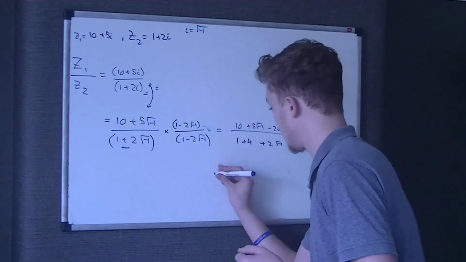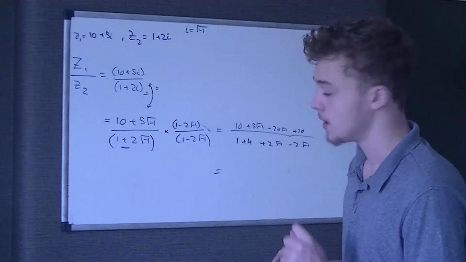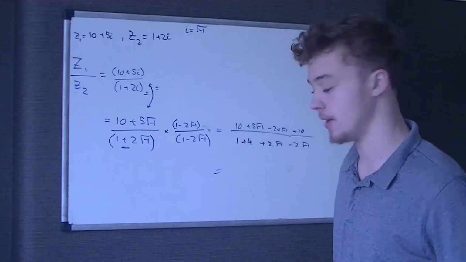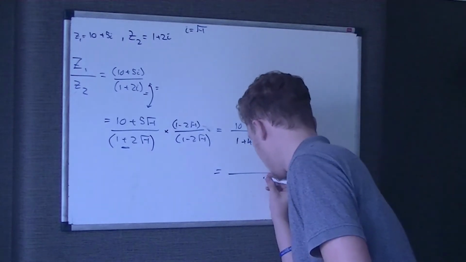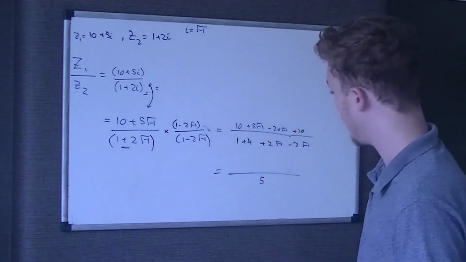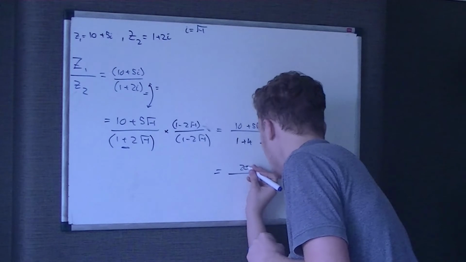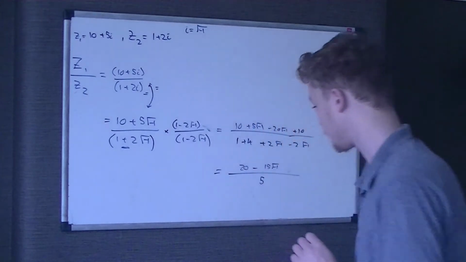So this is going to cancel out the root minus 1s on the bottom. Now that's key when you remember root minus 1 is i, so there's going to be no i's left on the bottom. But as I said, I'm going to keep doing it in this form, so this is just going to leave us with 5 on the bottom. Okay, so then we add the top, so there we get 20 take 15 root minus 1.